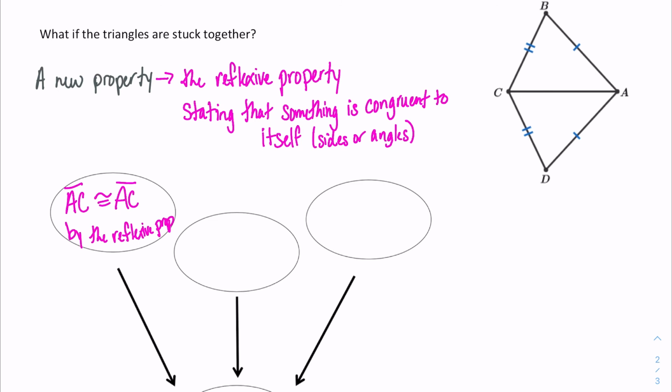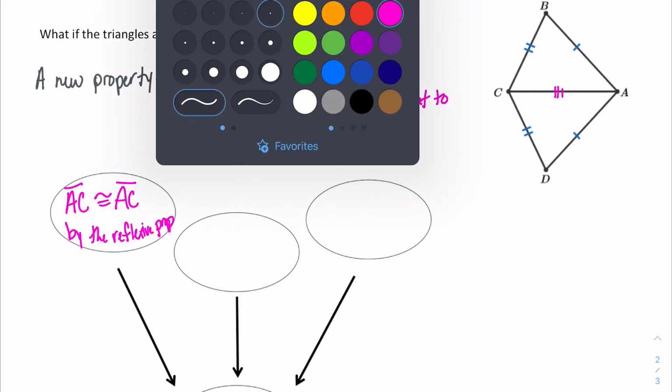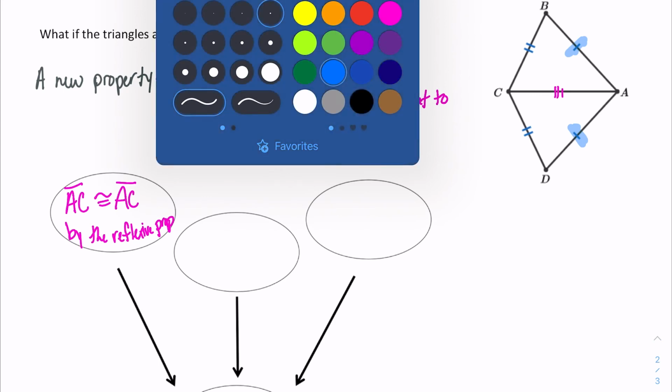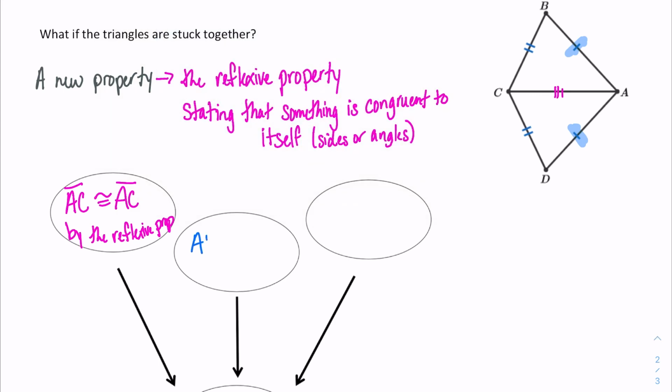Now that's helpful to say because that gives me one of my three facts. So that's like putting a marking there, a third side. So then I also still get my regular two sides that are marked on this diagram. So in this example, AD and AB are congruent to each other by the markings.